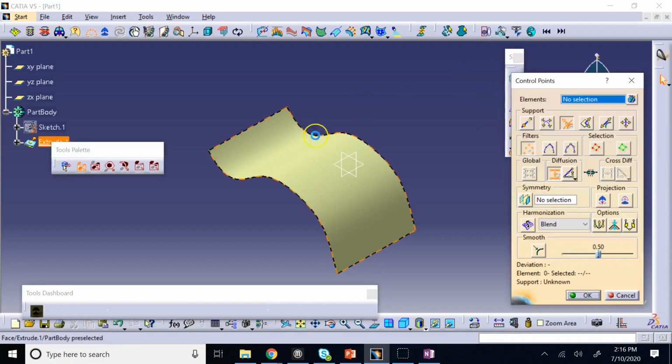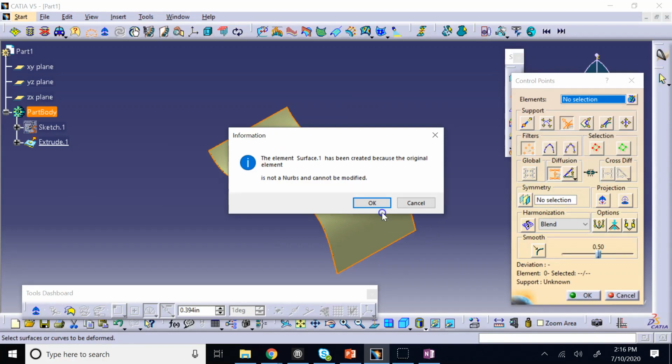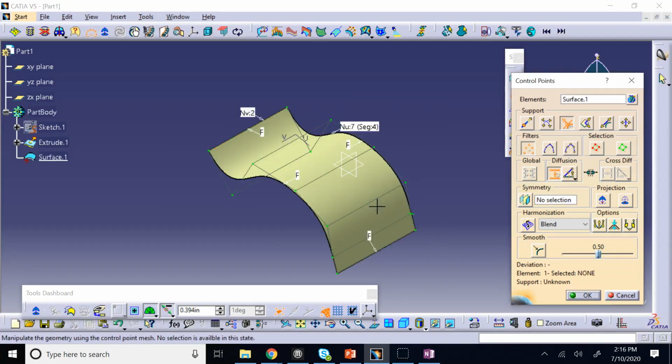So if you click on that and then click it on the surface, it creates a bunch of control points. All of these green points are control points on the surface. And then you can move those points normal to the surface, tangent to the surface, and in any direction that you want.